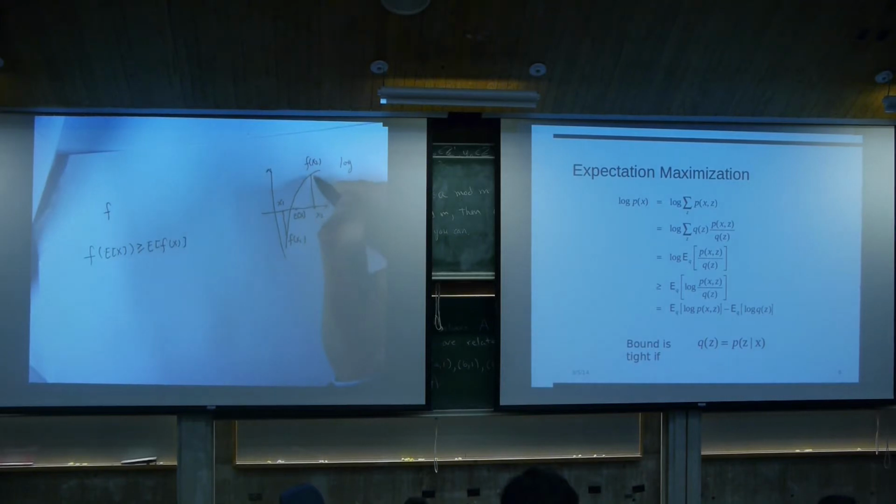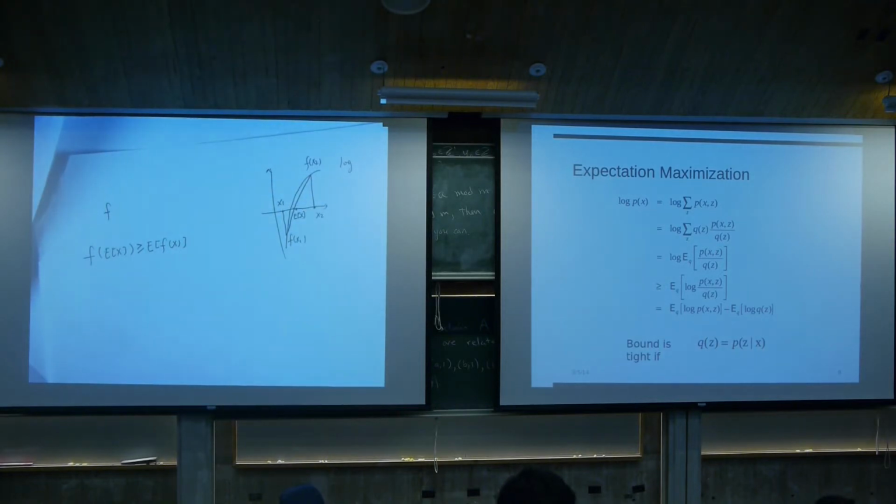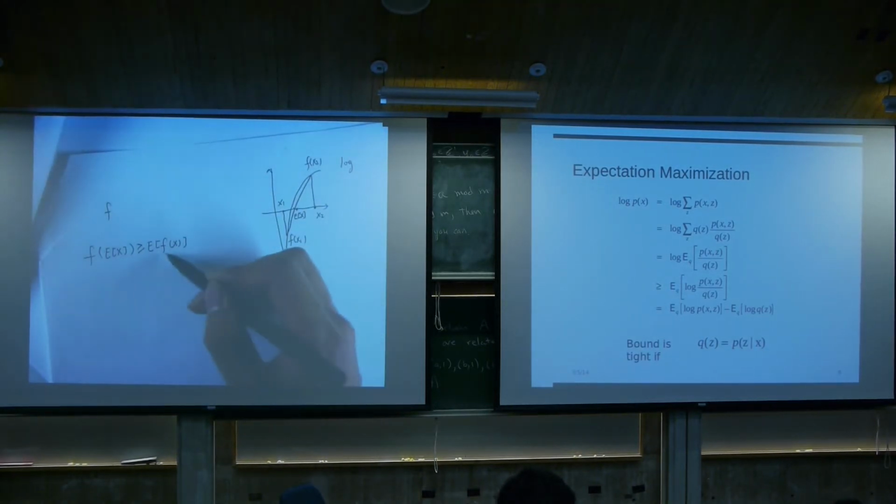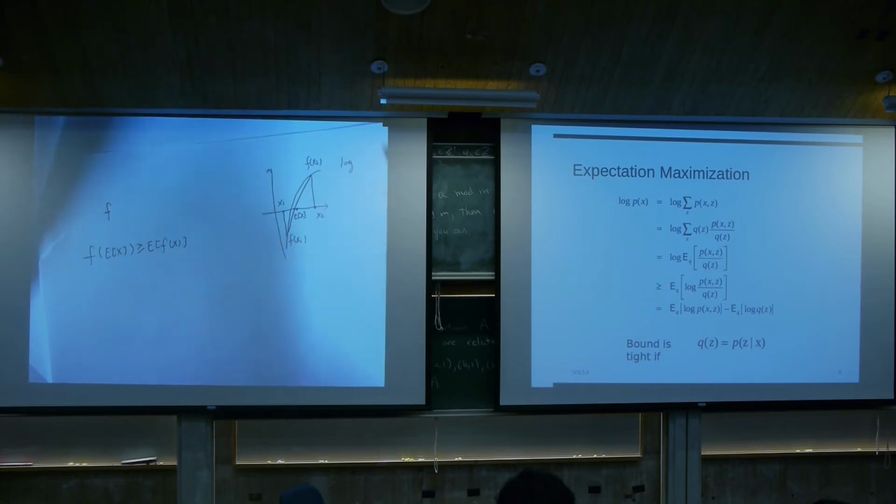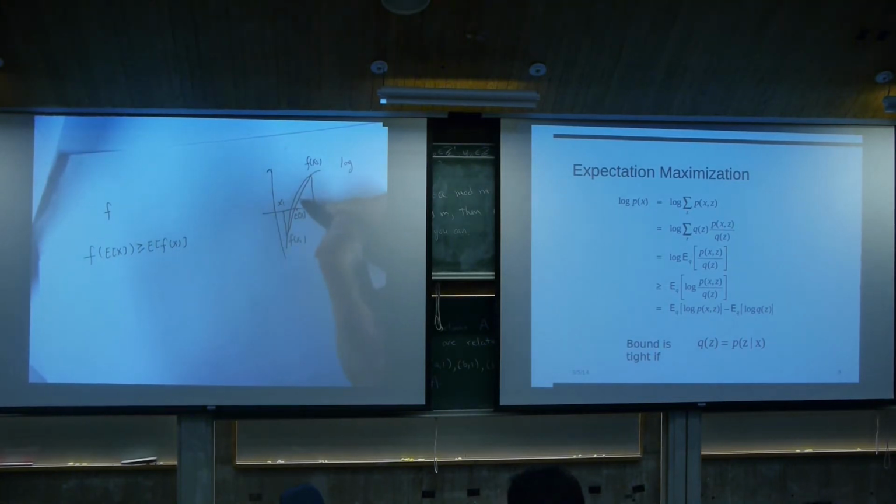This will give us a line connecting them, so the expectation of f(x) must be some point in this segment, f(x1) to f(x2).